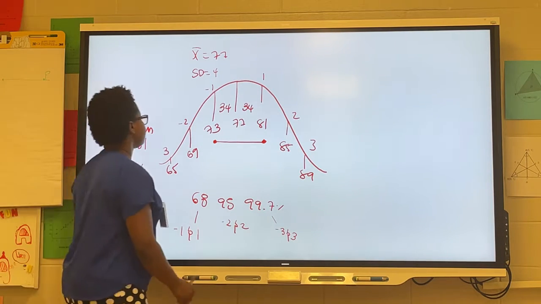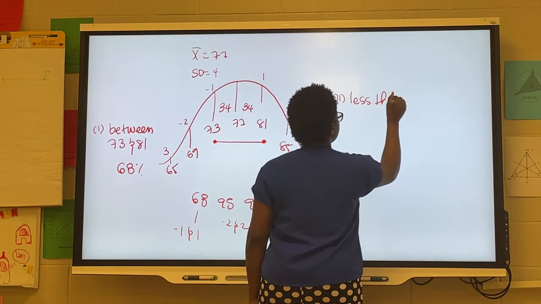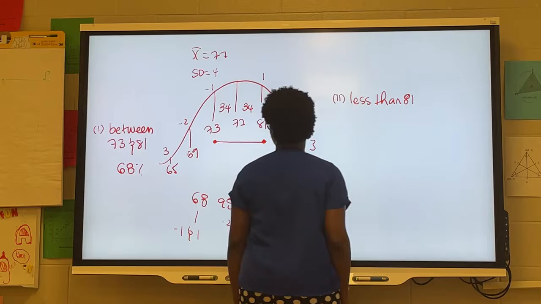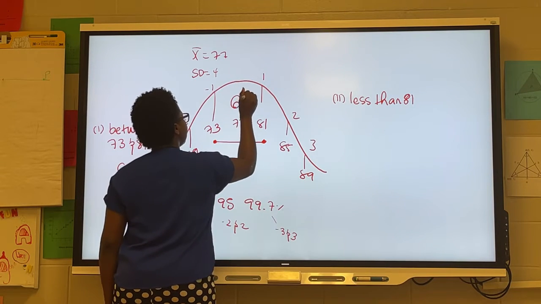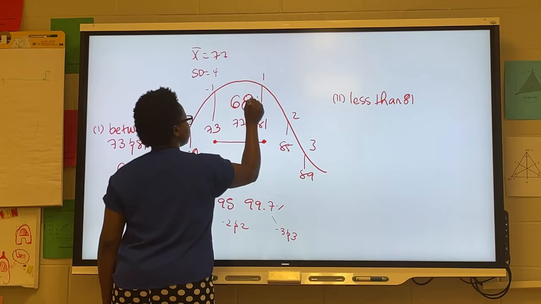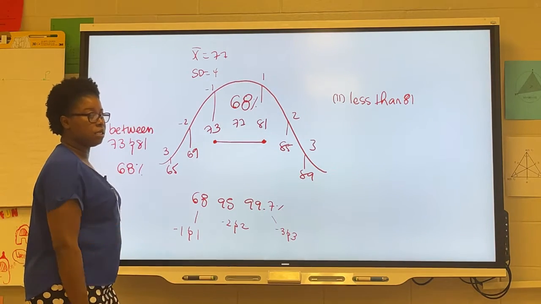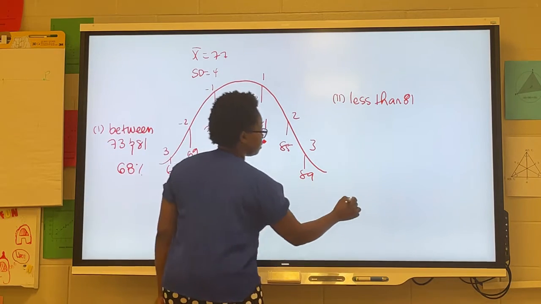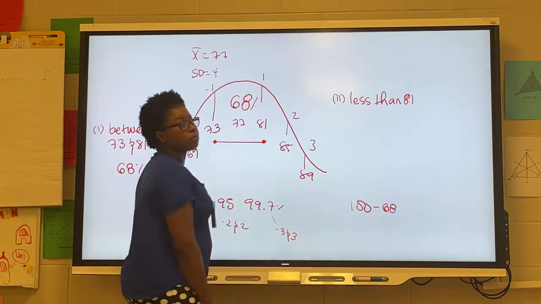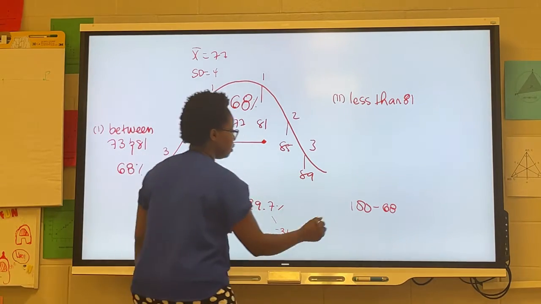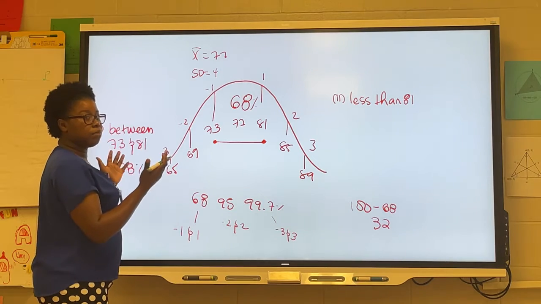Next question. Less than 81. So if the middle here represents 68% out of 100, what's left? Calculate the subtraction: 100 minus 68. 32. Thank you. If it's symmetrical, both sides should be equal.